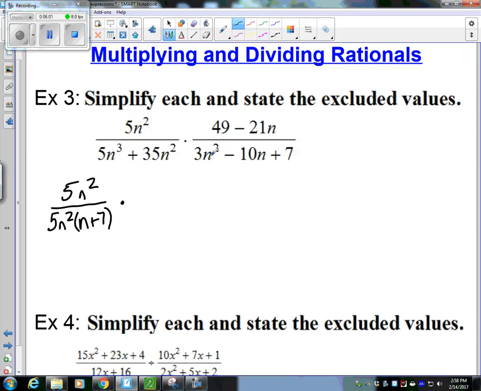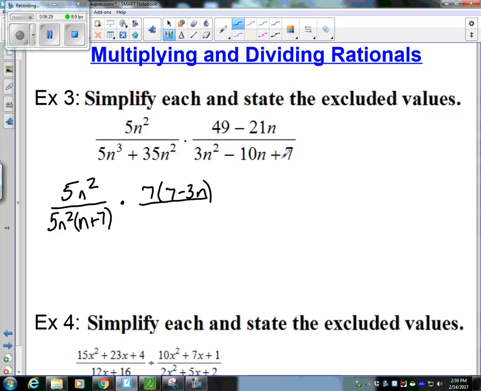Alright, the next numerator, 49 minus 21n, you can factor out a 7. And you're left with 7 minus 3n. In the denominator here, there's no greatest common factor, and the leading coefficient, the a, is not 1, so we do 3 times 7.